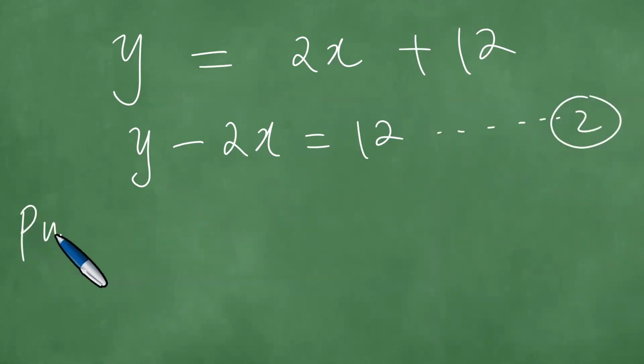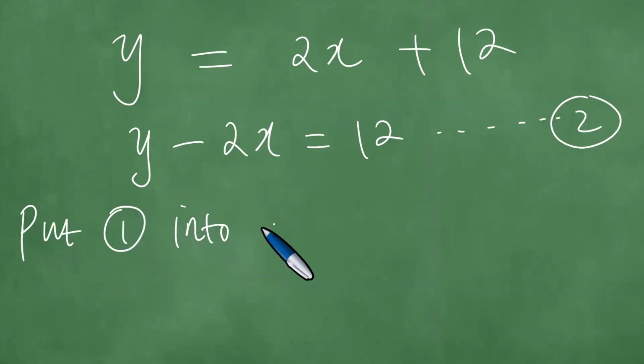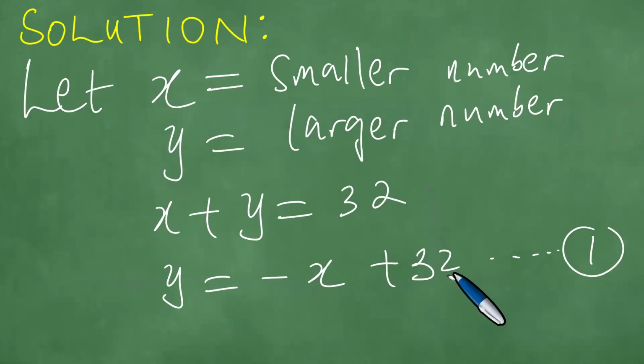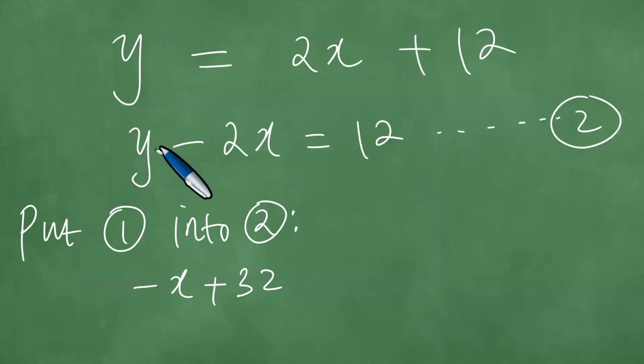We proceed to put 1 into 2. So if you put 1 into 2, then in the place of y, you put minus x plus 32, because we know that y here is minus x plus 32.